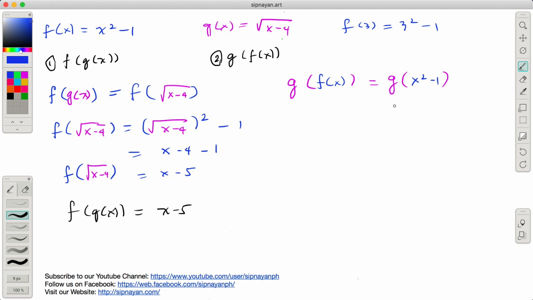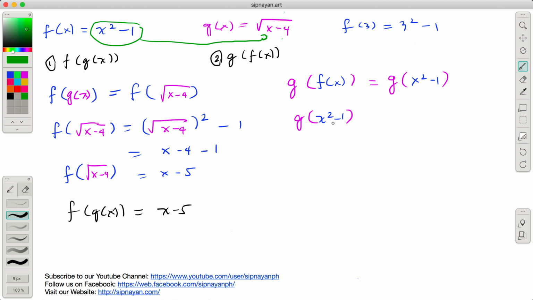Okay, so pag sinabi tayong g of x squared minus 1, ibig sabihin yung x squared minus 1, yun naman ang isa-substitute natin dito, di ba?